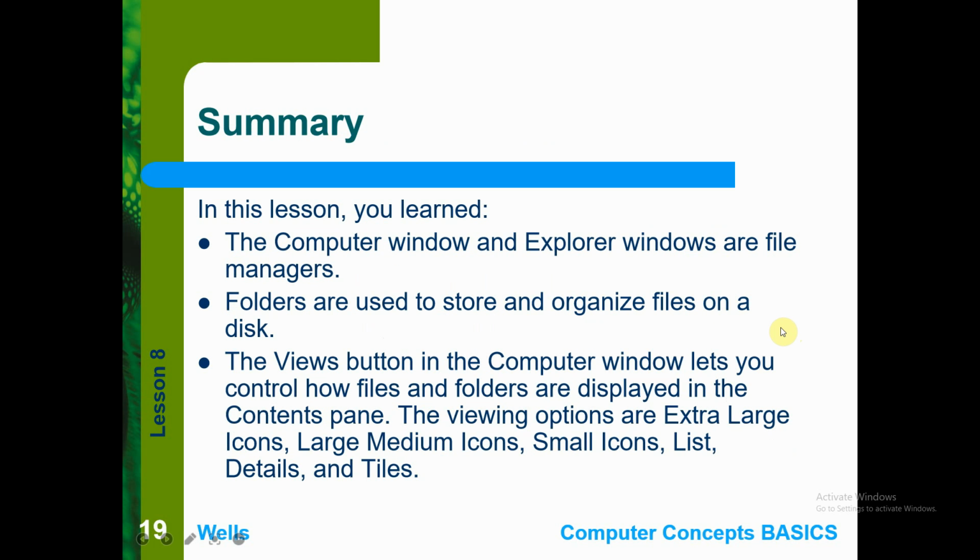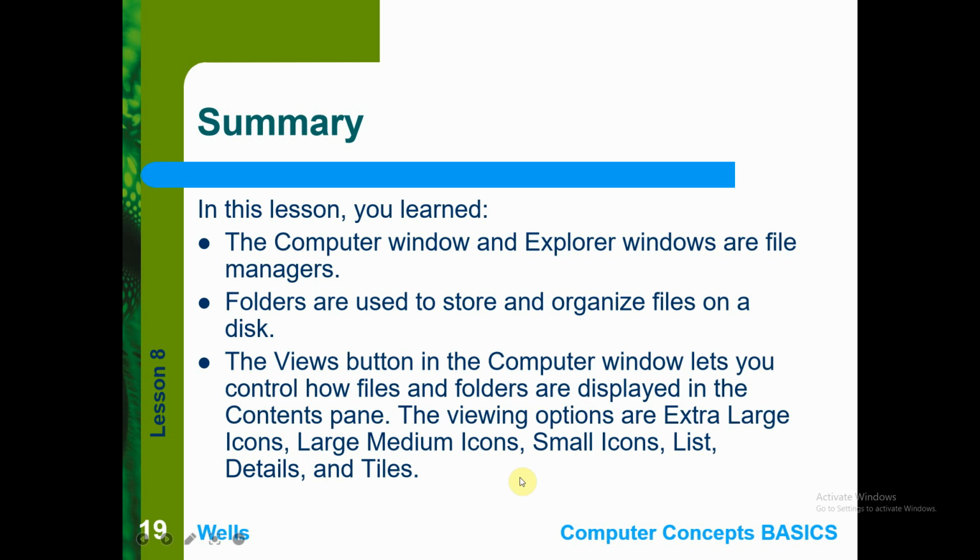So to summarize, computer windows and Windows Explorer windows are file managers. Folders are used to store organized files. The view button in the window lets you control how files and folders are displayed in the contents pane. The viewing options are extra large, medium. You can also have a preview pane to view into it.